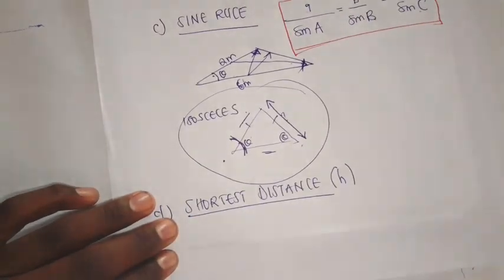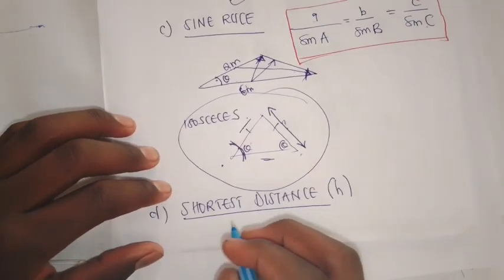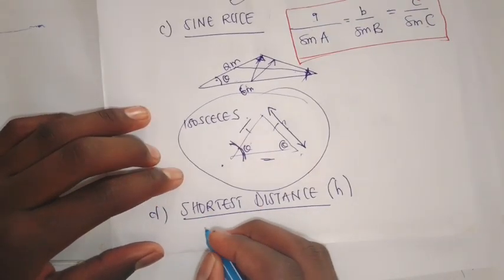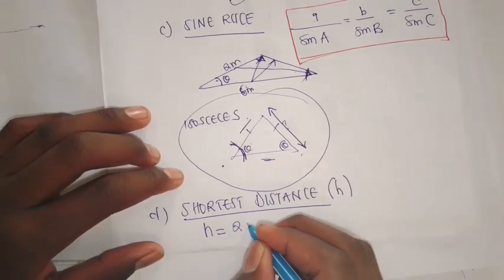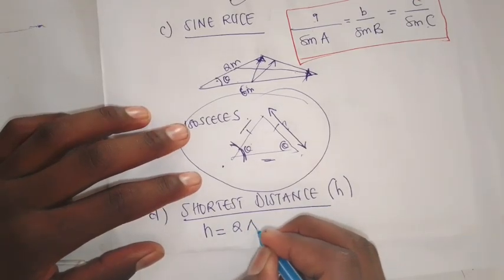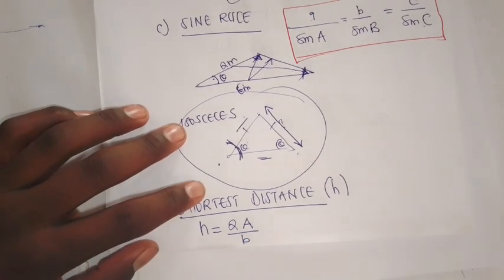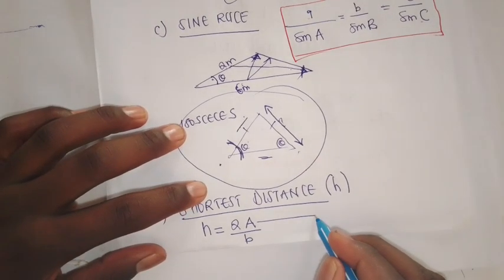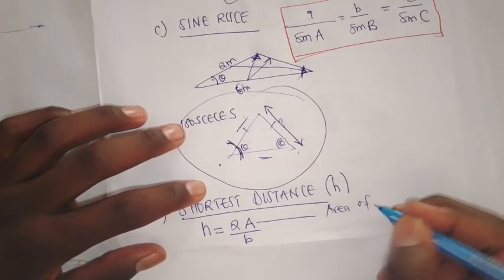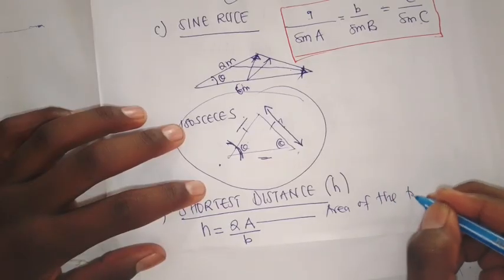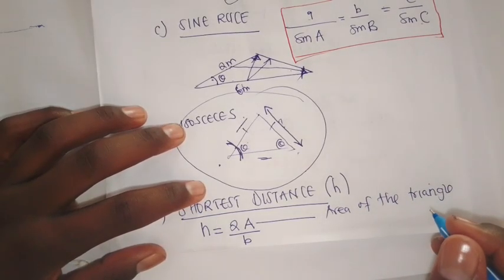So h is equal to A over B. So this A is the area of the triangle, and B is the base length.